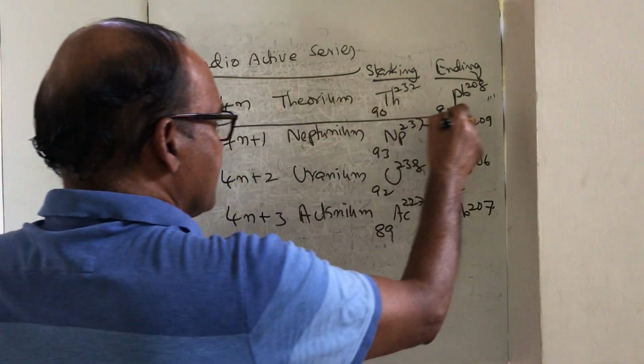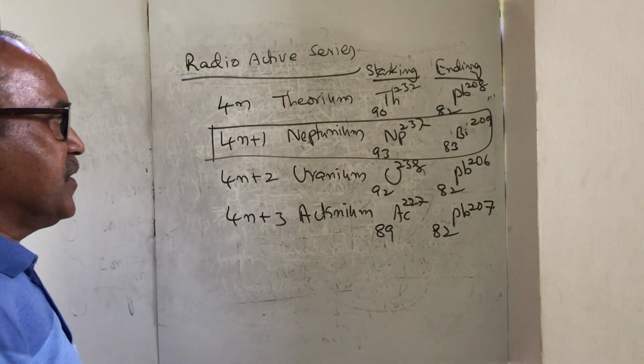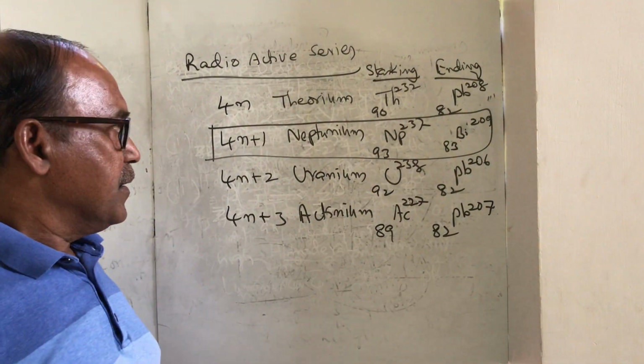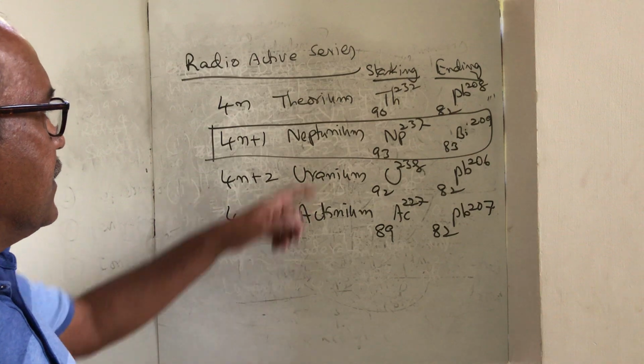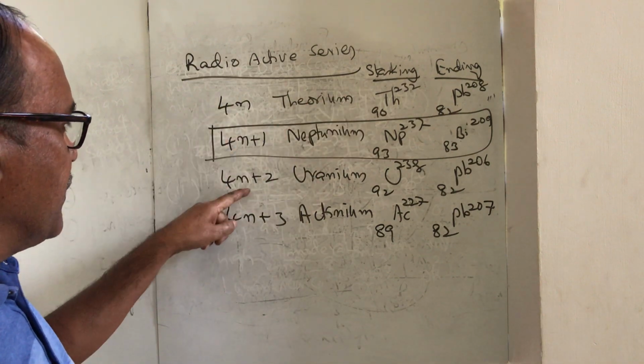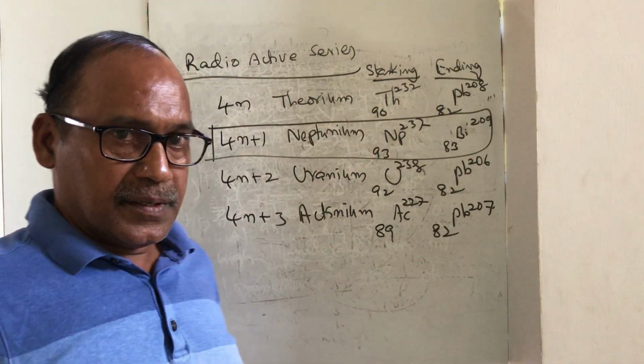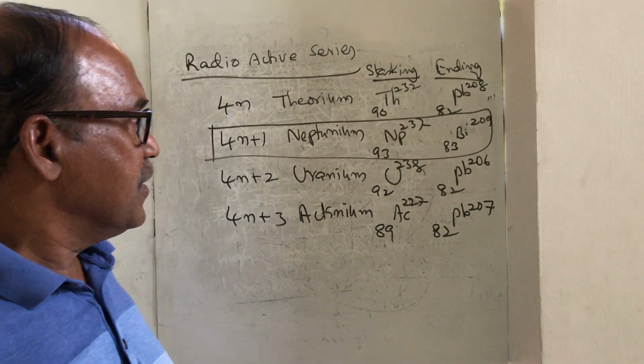Peculiarly, see that the neptunium case is artificial radioactivity, where the nuclides are all man-made elements. The 4n, 4n plus 2, and 4n plus 3 are the natural radioactive series.